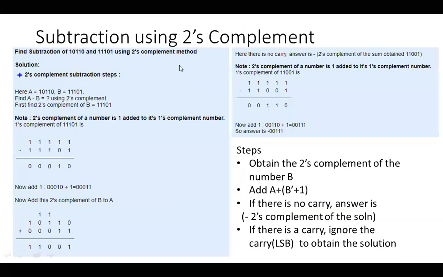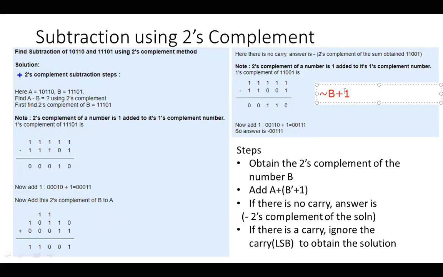Next, let us see how we perform subtraction using twos complement. Now what are the steps? Obtain the twos complement of the number B, add A plus B bar plus 1. Why have I written B bar plus 1? What is the twos complement of a number? The twos complement of a number is complementing the number and then adding 1. So NOT of B plus 1 will be the twos complement.